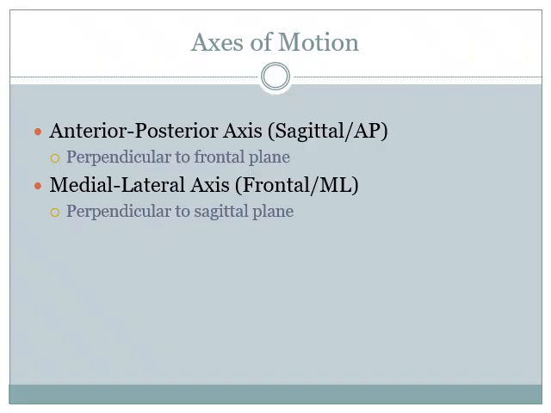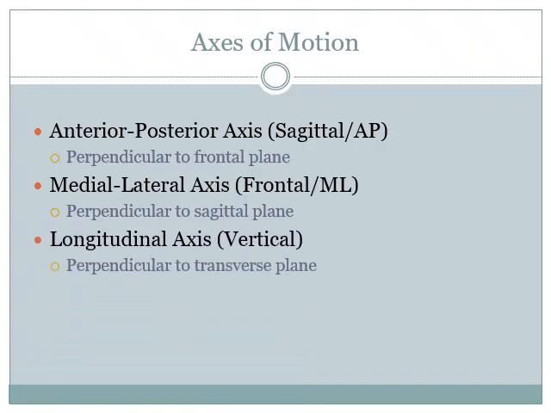It's a little weird: the sagittal axis runs perpendicular to the frontal plane, and the frontal axis runs perpendicular to the sagittal plane, but know both terms. The anterior, posterior, medial, lateral naming just tells you how it runs. And then the longitudinal axis runs perpendicular to the transverse plane.